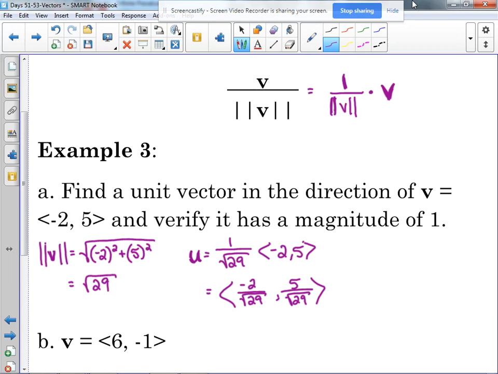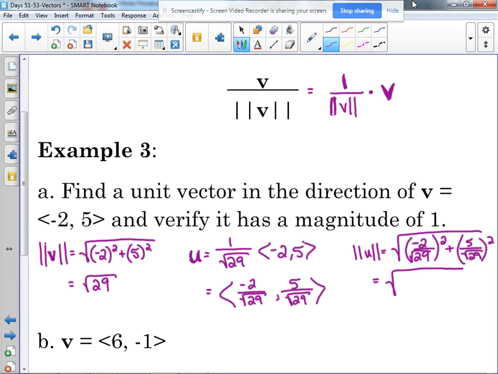Now let's verify that that has a magnitude of 1. This is our new vector, so let's find the magnitude of this new vector. The magnitude of u is the square root of (-2 over the square root of 29) squared plus (5 over the square root of 29) squared.